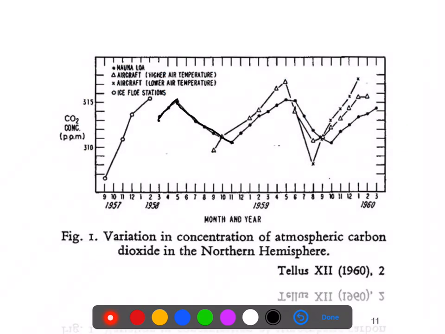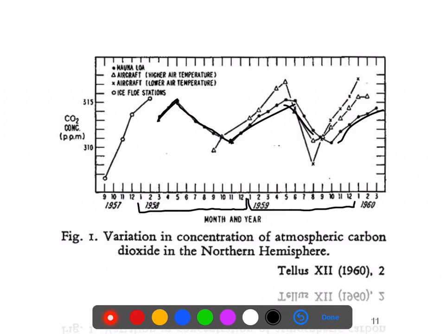So here's the data collected from Mauna Loa. This is in Hawaii, or the Hawaiian Islands. And you can see that CO2 levels go up, down, and up again. And if we look at the calendar, we can see that the rise and decline of CO2 concentrations seems to be seasonal.